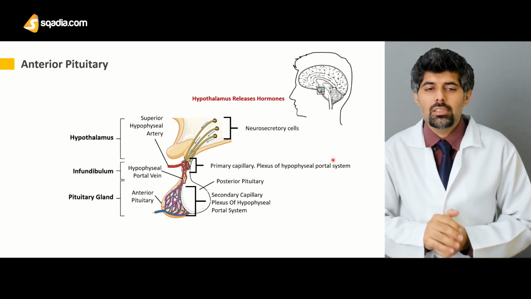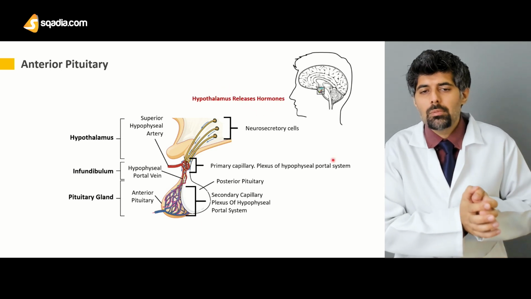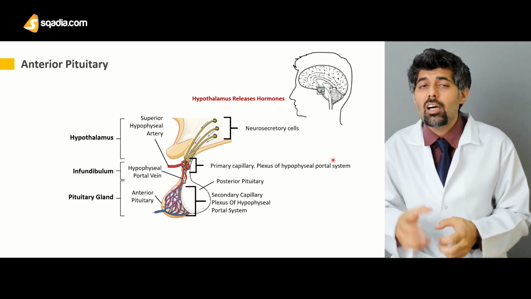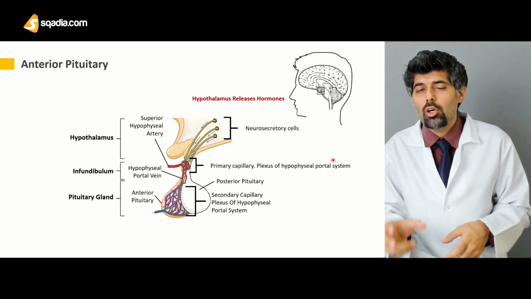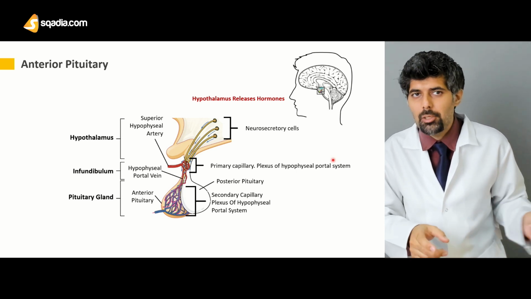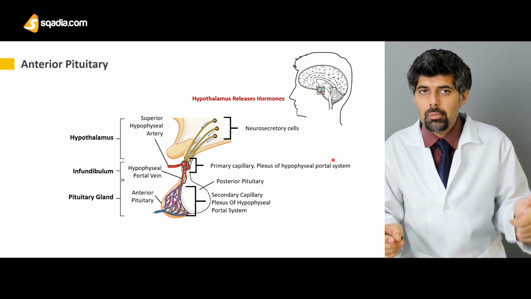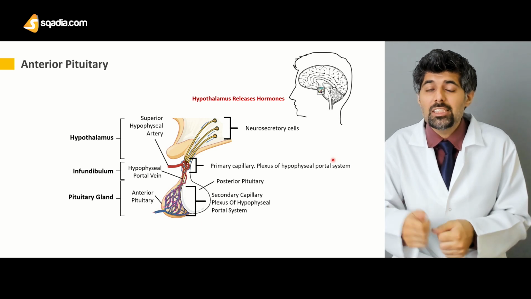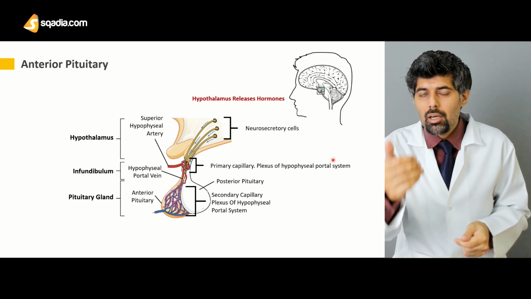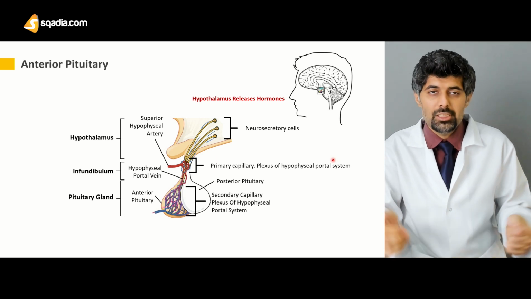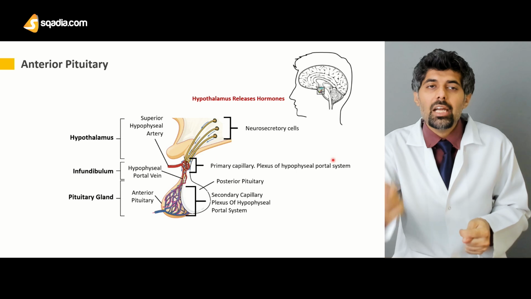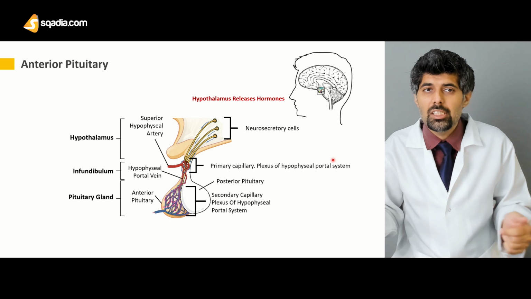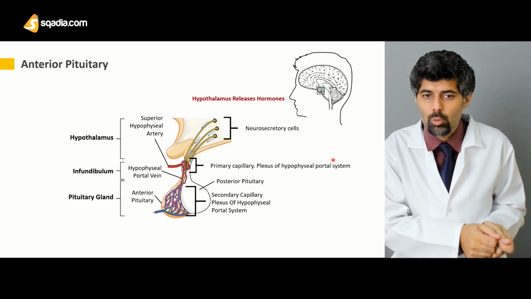So this comprises what is known as the hypothalamus releasing hormones. Now, again, I will repeat that these hormones are not the actual hormones released by the anterior pituitary. These are the inhibitory and the releasing hormones which are released by the hypothalamus, and under the influence of these releasing and inhibitory hormones, the anterior pituitary then either increases or decreases the production of those hormones.